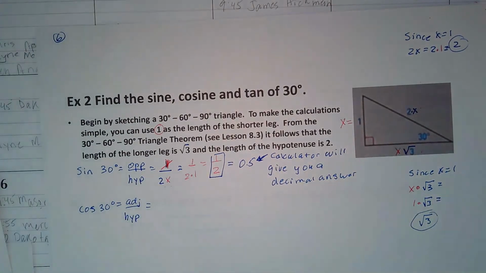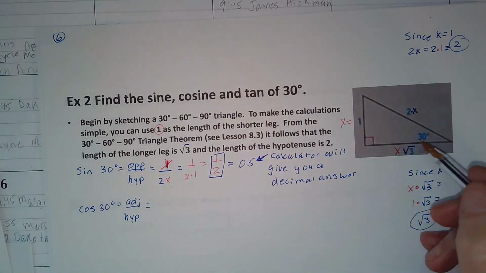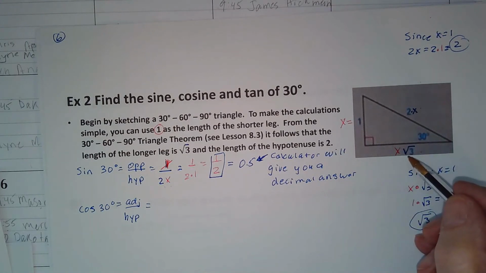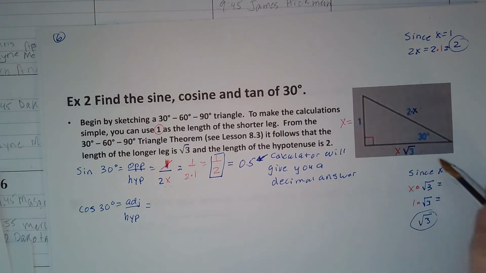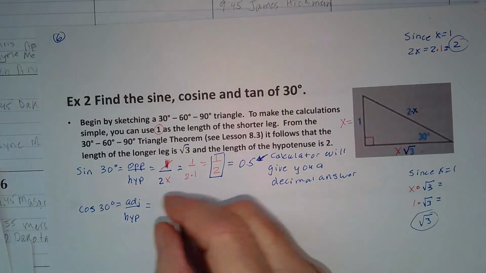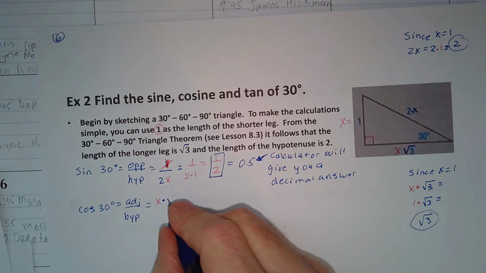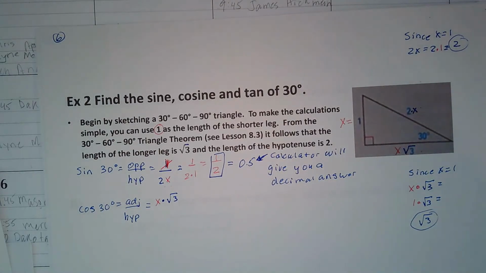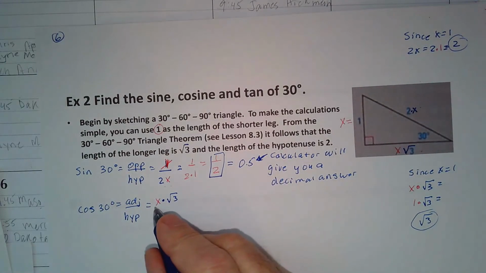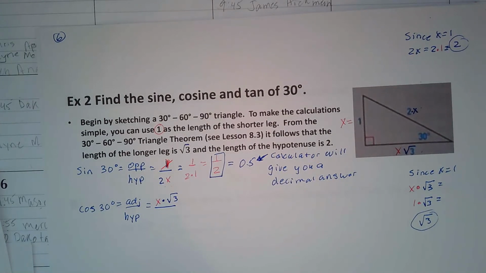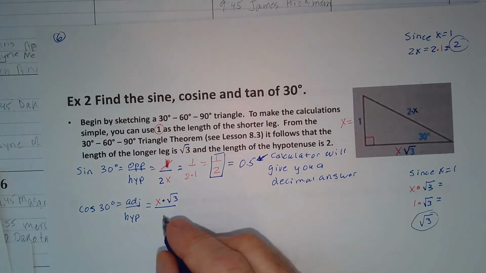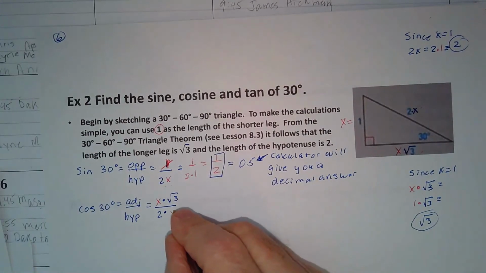In this case, adjacent is x times the square root of 3, which we said was 1 times the square root of 3. Hypotenuse is 2 times x. And we know that x equals 1.